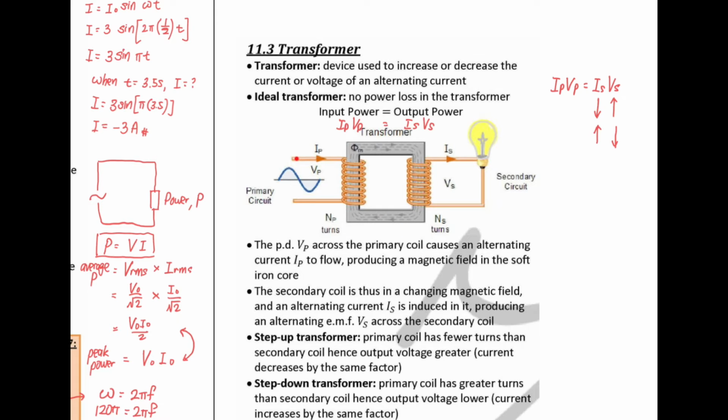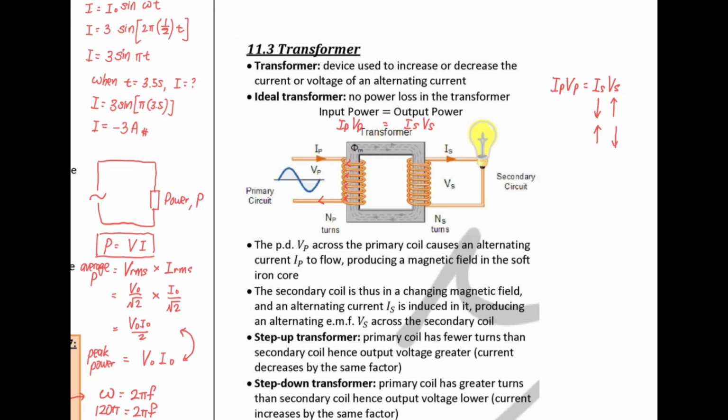Imagine how you see the current come in, then they turn. Let's say they turn this way. Okay, I put arrow. Let's say they turn this way. And then they come out. So when they turn that way, right? So what to do is you have to know that it produces a magnetic field.